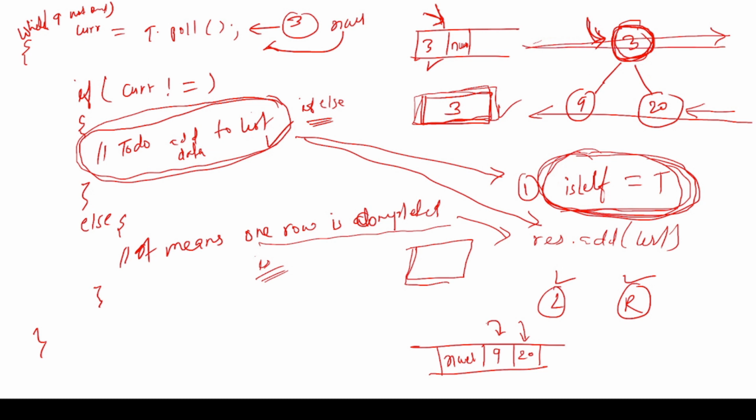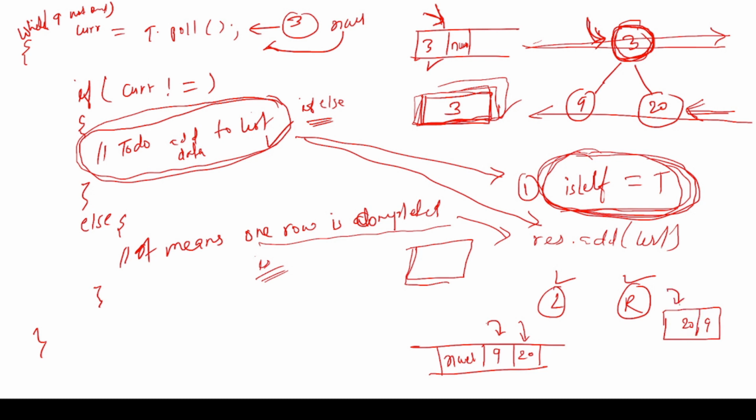So we'll add 3, add first, no problem, or add last, that will also work, because there is only one element. At last, when we go this way, we will check 20 and 9. So the result in the list should be 20 and then 9.